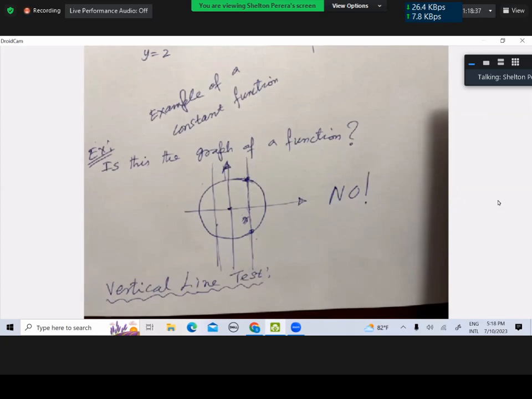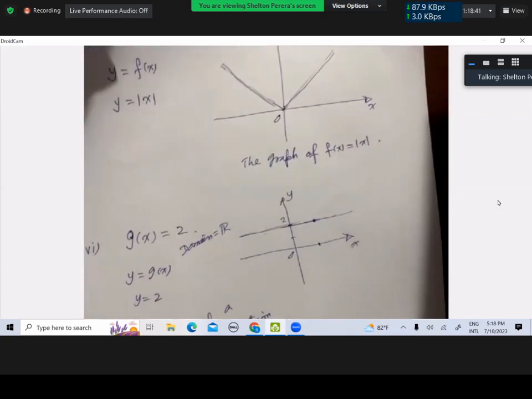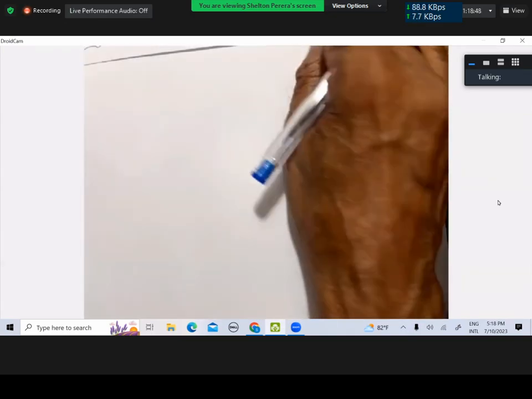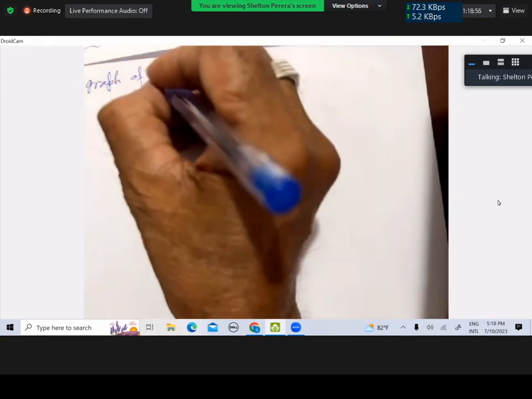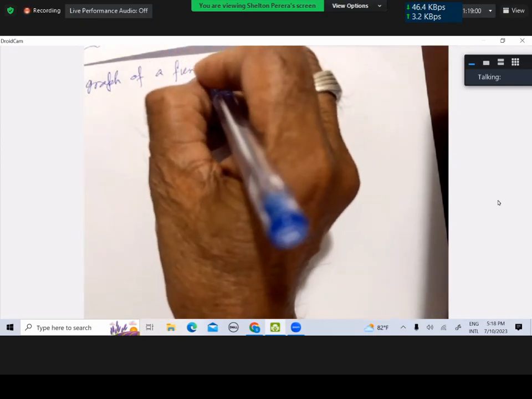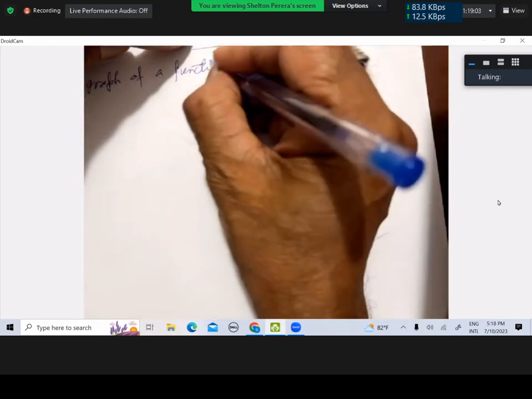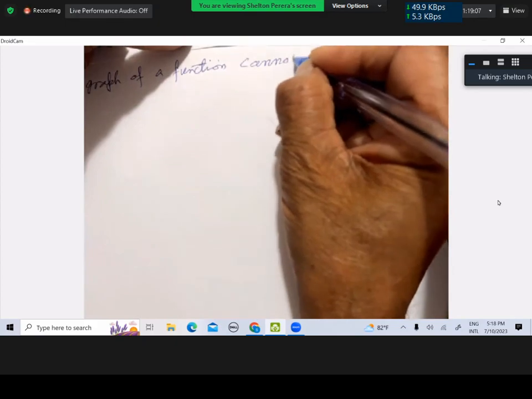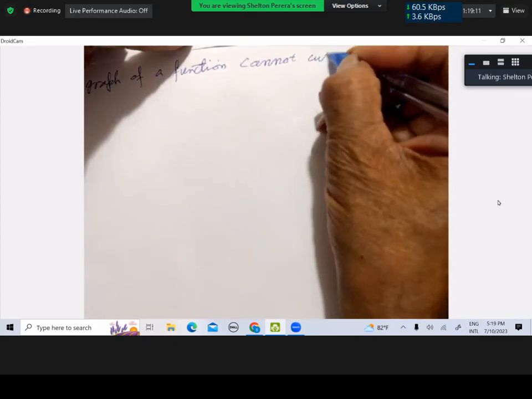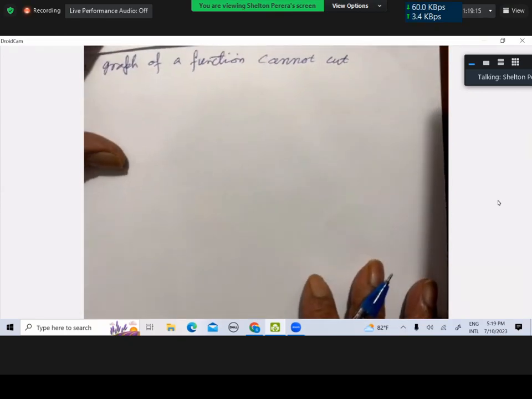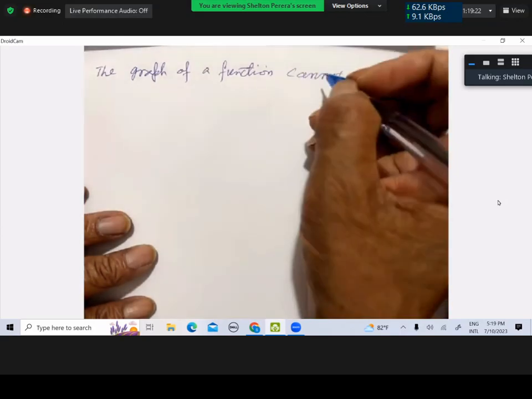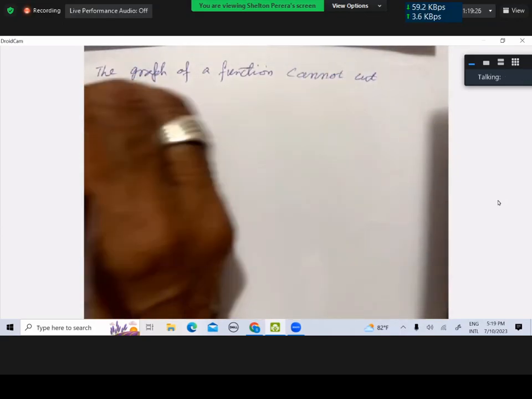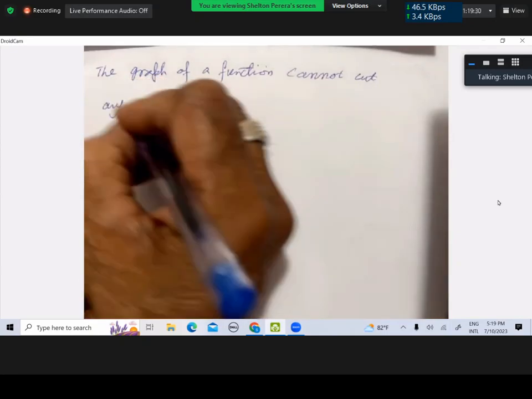The graph of a function cannot cut or cross, cut, cross, meet, anything is okay, the graph of a function cannot cut any vertical line.